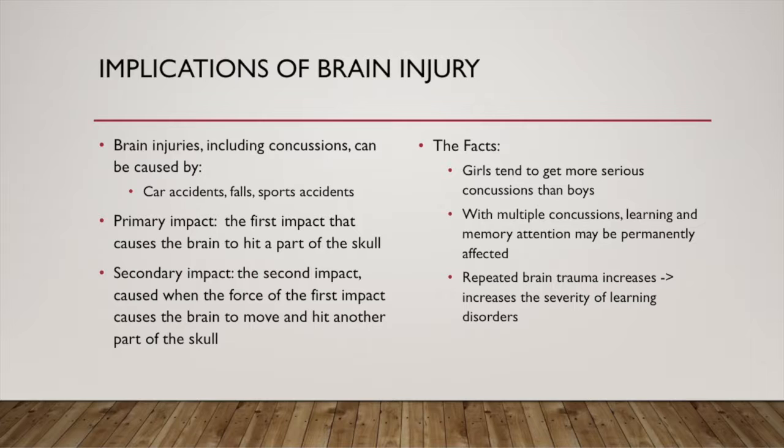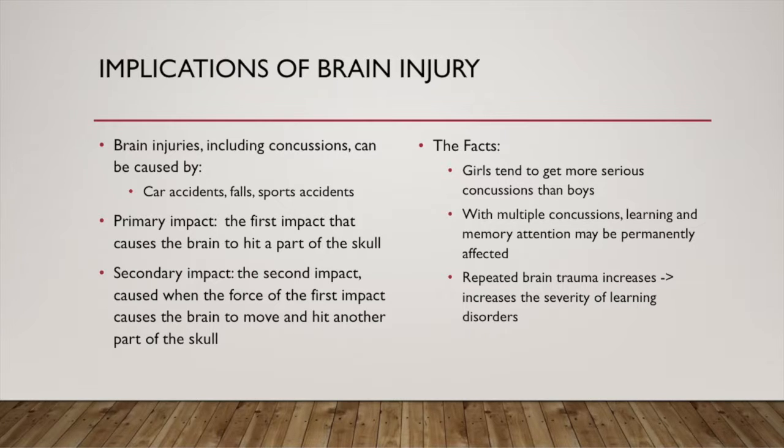So implications of a brain injury. Brain injuries, including concussions, can be caused by car accidents, falls, sports accidents. There are two forms of impact during these accidents. The primary impact is the first impact that causes the brain to hit a part of the skull. So when that first object, like in a sports accident when the baseball first hits a person's head, that's the primary impact.